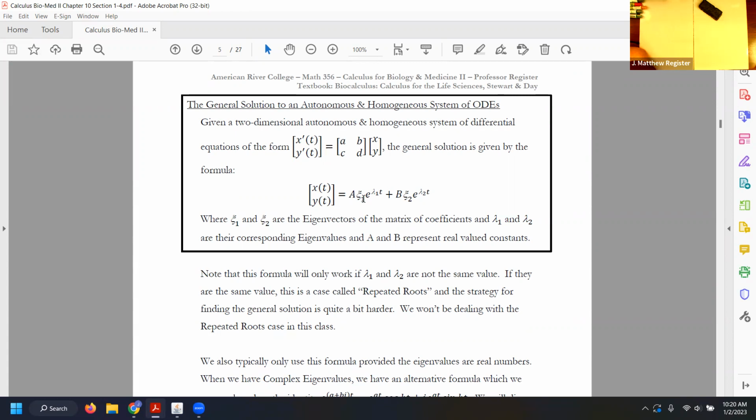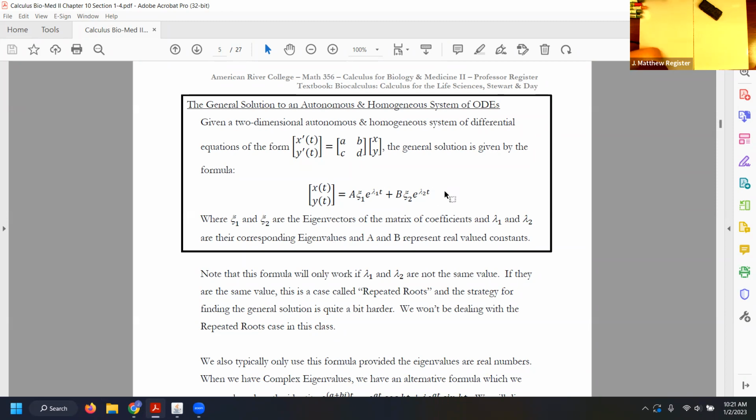So it's A times v1 e to the lambda 1 t plus B times v2 e to the lambda 2 t, where v1 and v2 are the eigenvectors of the matrix, and lambda 1 and lambda 2 are the corresponding eigenvalues.